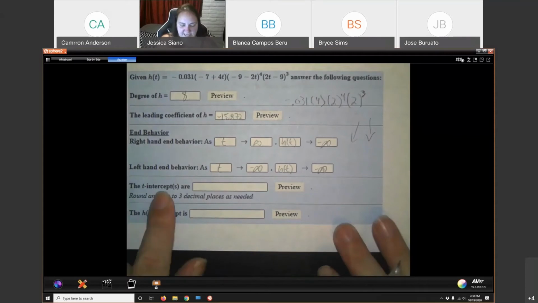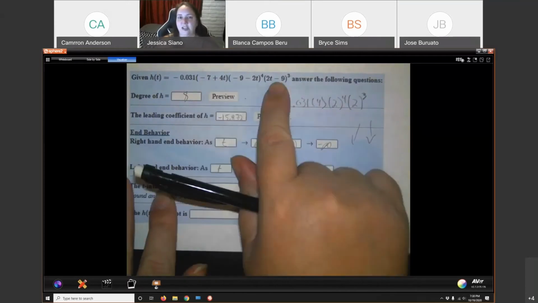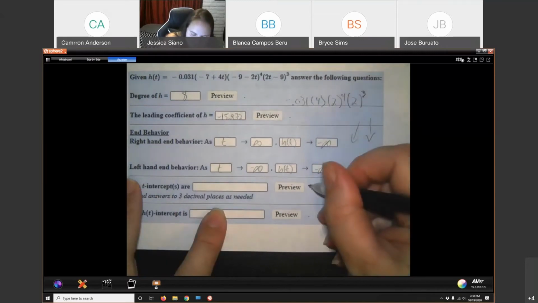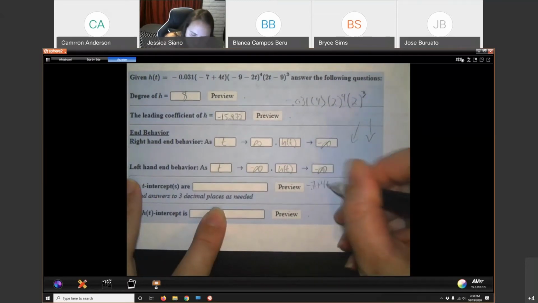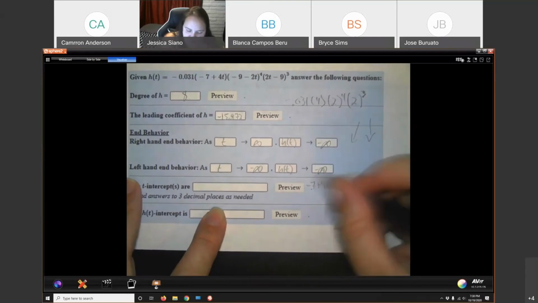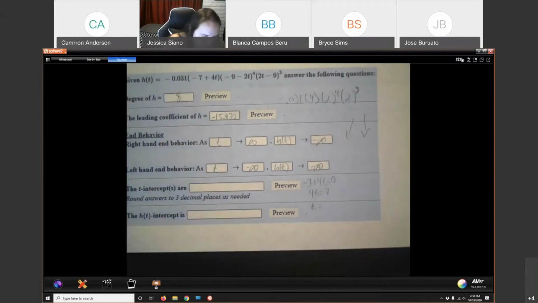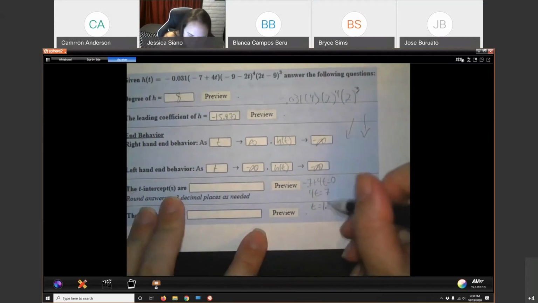To find my t-intercepts, I set each factor equal to 0 and solve. So this would be negative 7 plus 4t equals 0. When I add the 7, I'll have 4t equals 7. Divide by the 4, and I'll have 1.75.